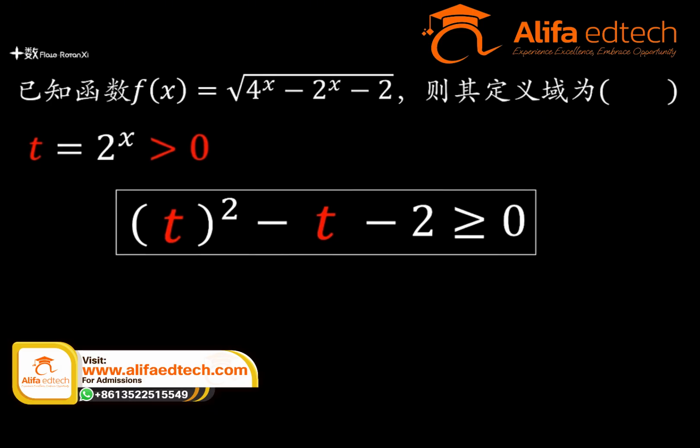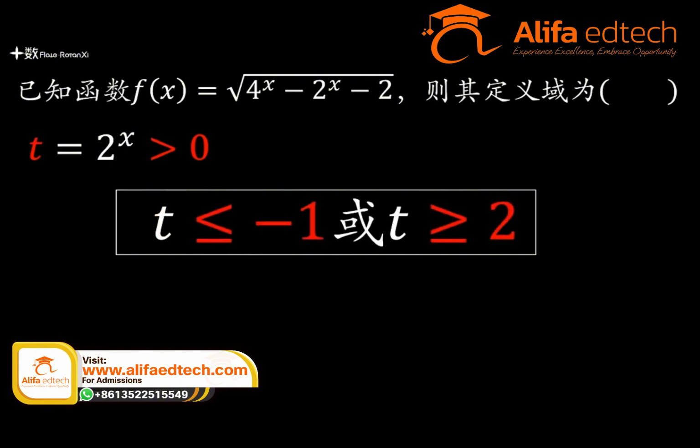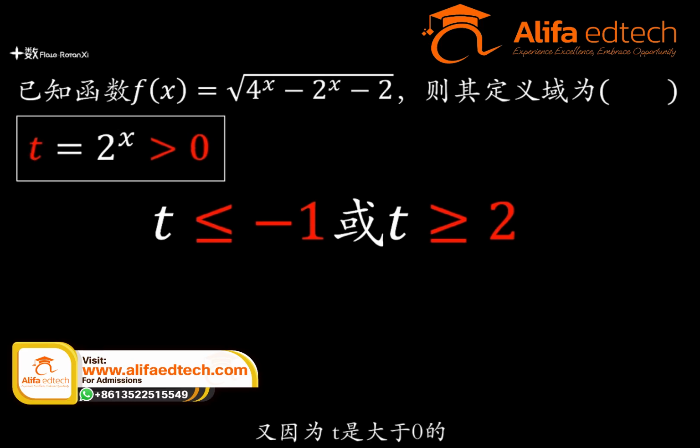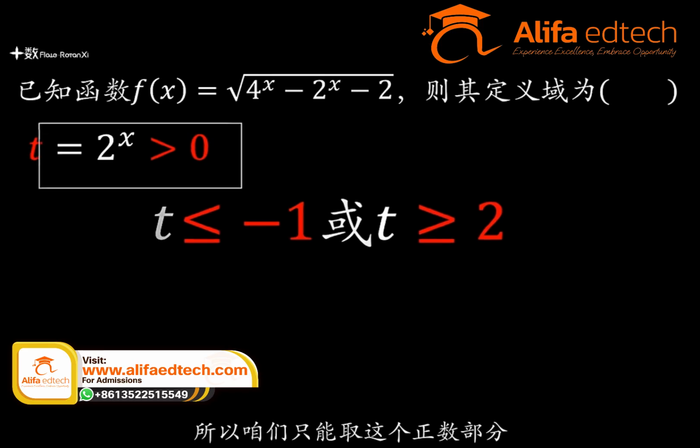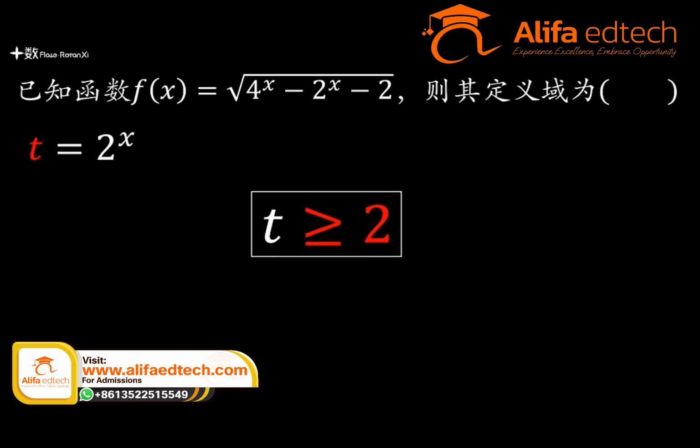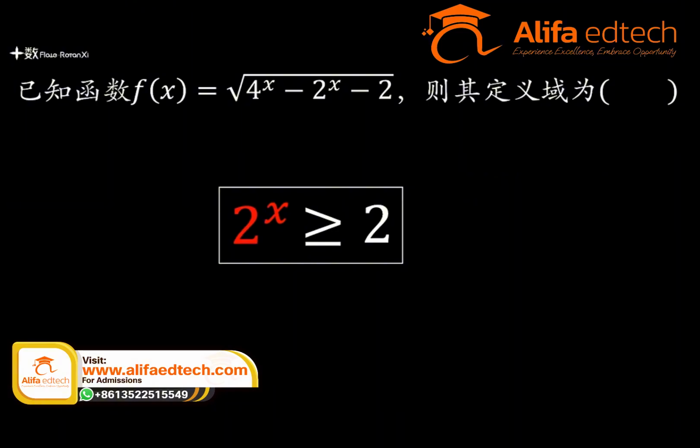Since t is greater than 0, we can only use the positive part, but we're not finished yet. Finally, we need to convert t back to 2^x, the right side of the inequality. 2^x ≥ 2^1. As x increases, 2^x also increases, so we can determine that x ≥ 1 is the domain of the function. In the next video, we'll introduce logarithmic functions.